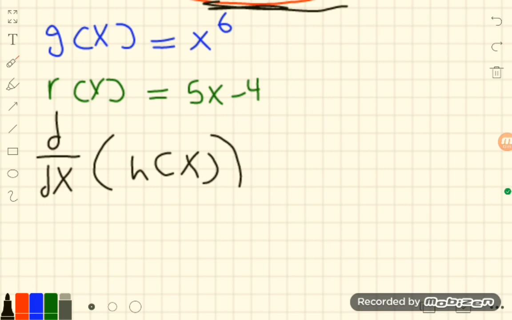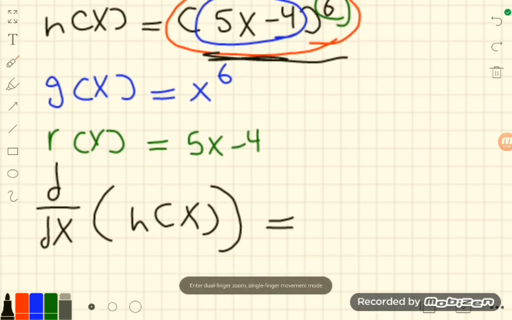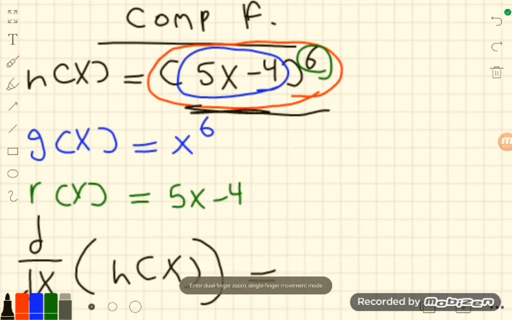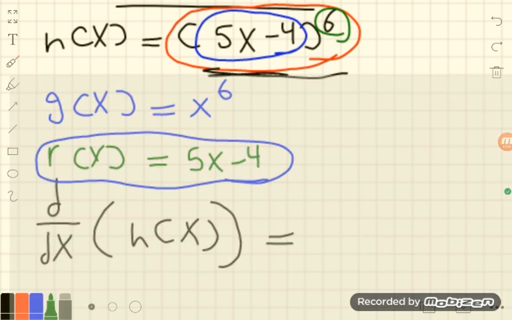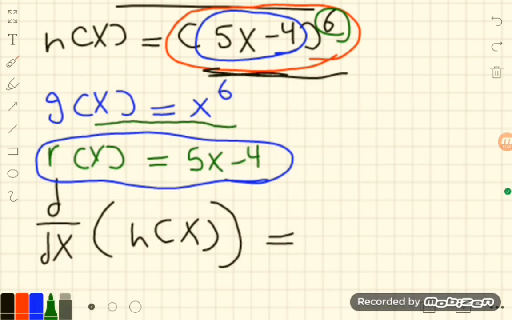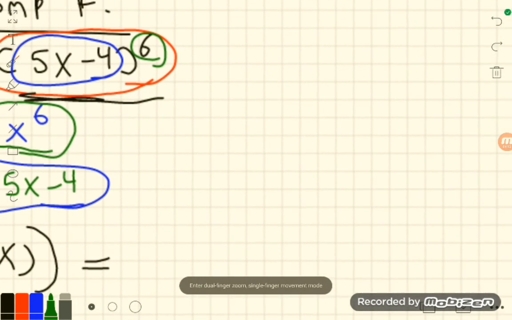Here is where you're going to see the application of the chain rule. So I would like to write this in a notation that would help me know what role r of x plays in the form of h of x, and vice versa, what the role of g of x is in forming the function h of x.